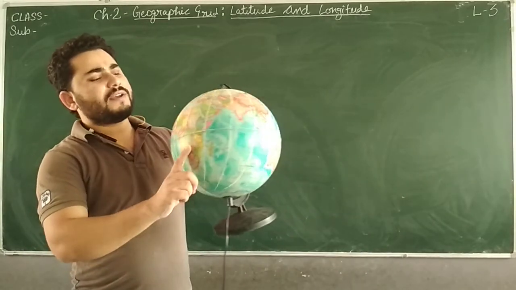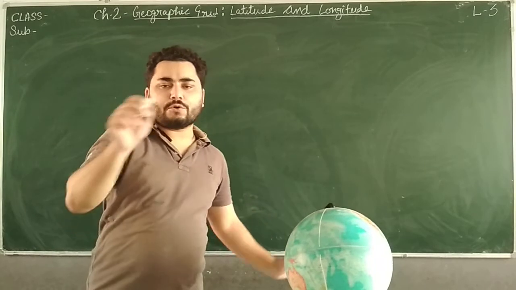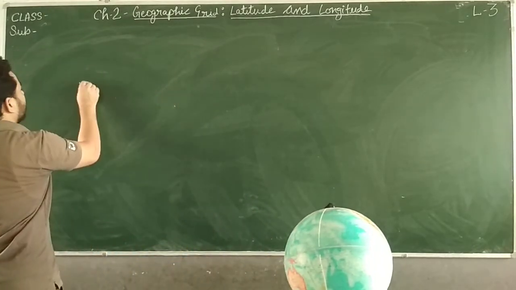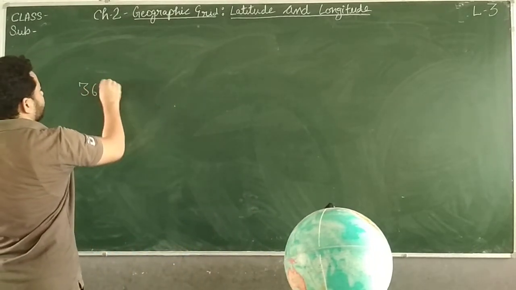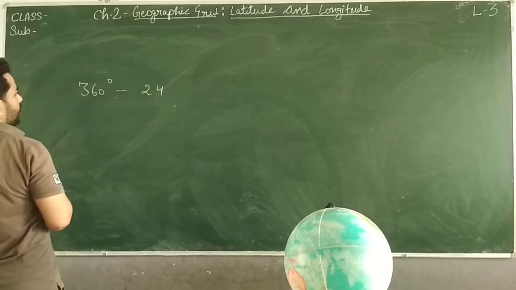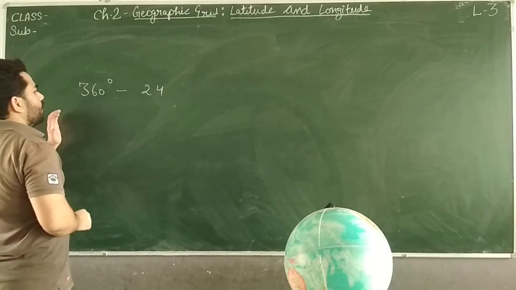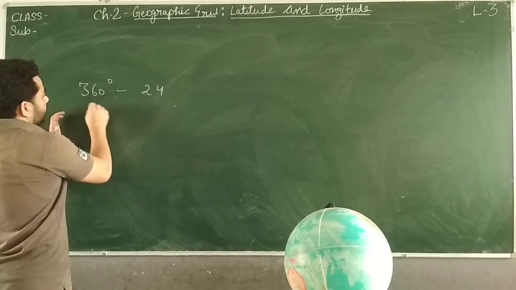The earth is rotating this way, and it completes one round of 360 degrees in 24 hours.